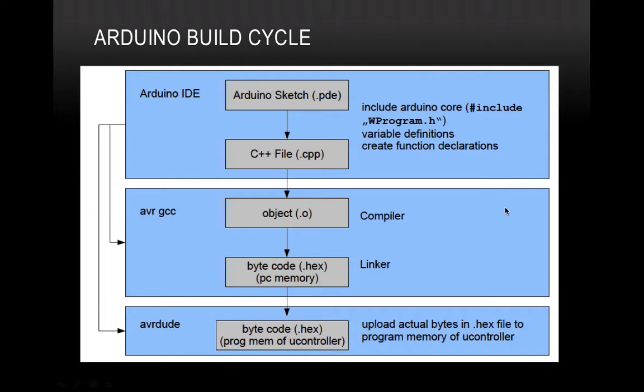And this entire process is done by a click of a few buttons using the Arduino IDE. We have already covered the process of installing the Arduino IDE and the process of compiling and downloading a particular sketch to an Arduino.